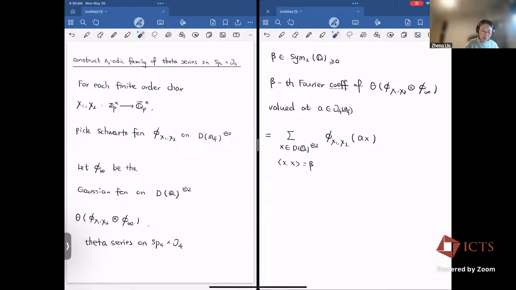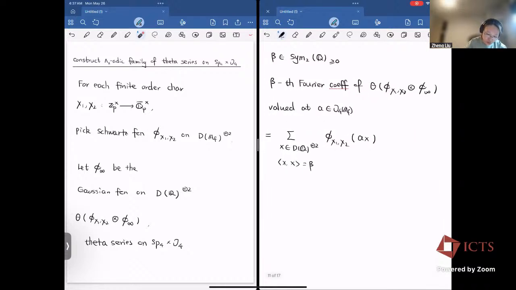It can be easily computed that it's a finite sum of the chosen Schwartz function at x, over finitely many x. And in order to get a family of Q-expansions, I just need to make sure that I can p-adically interpolate this element.